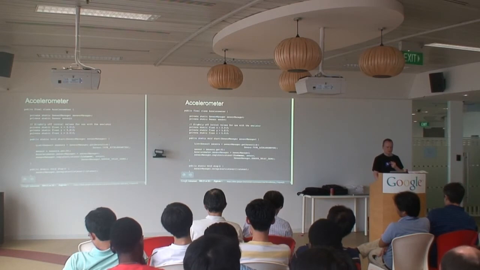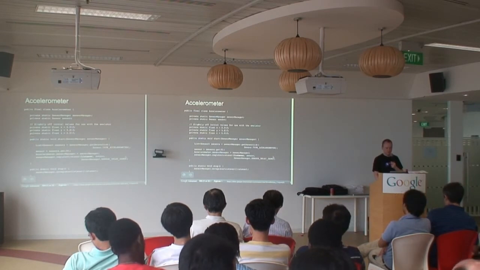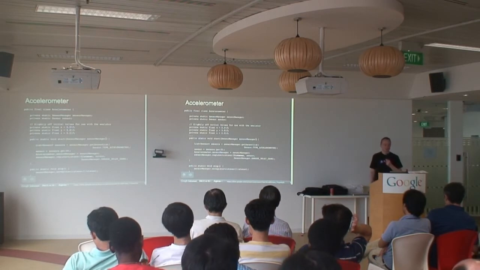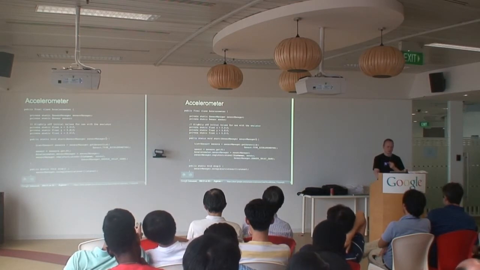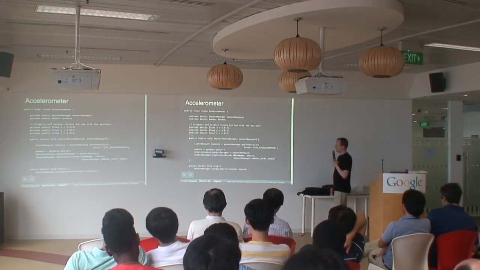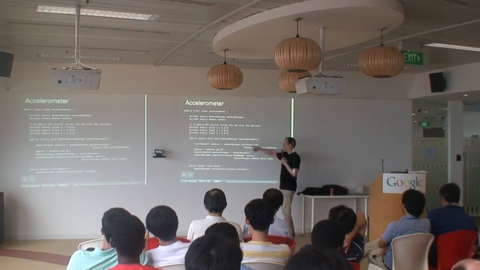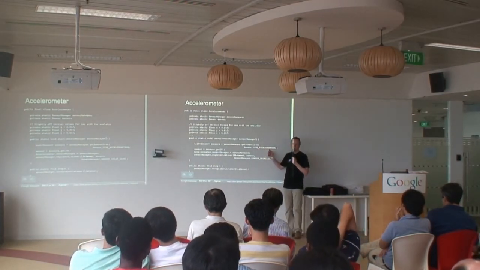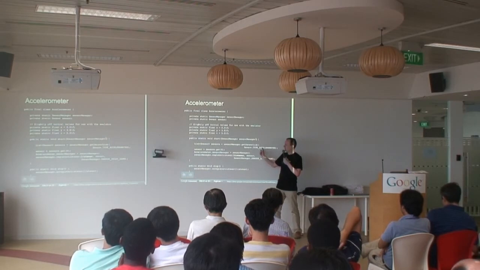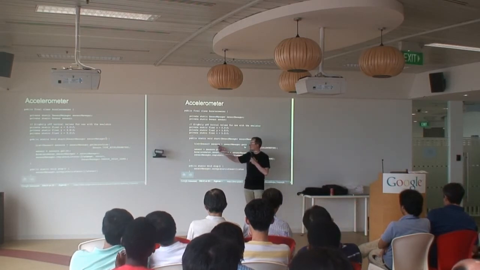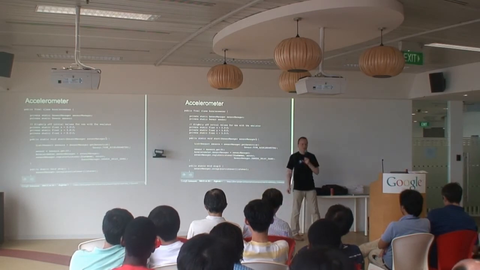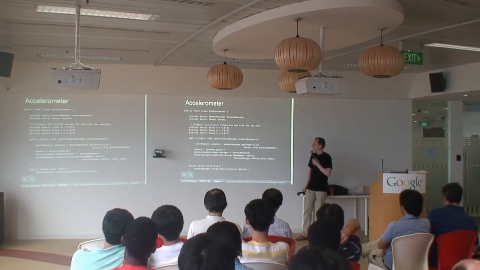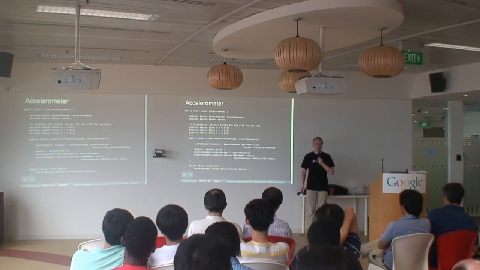To start with, you have to get the sensor manager. This is something you get from any activity, like with all the other sensors. So you start by calling the get sensor list with the type accelerometer. That can normally generate a list of sensors. Usually there is only one accelerometer on a phone. I haven't seen any phone with more than one accelerometer so far.